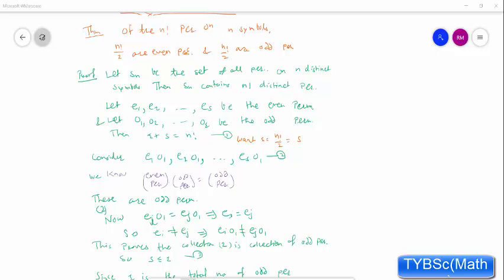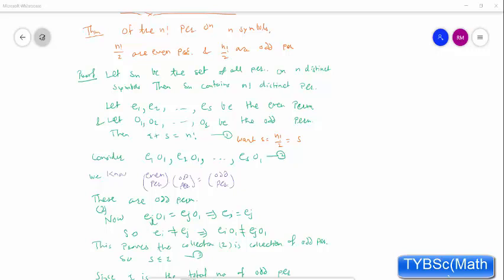Suppose E1, E2, ..., ES are the even permutations, and suppose O1, O2, ..., OR are the odd permutations, and Sn is made up of even and odd permutations.